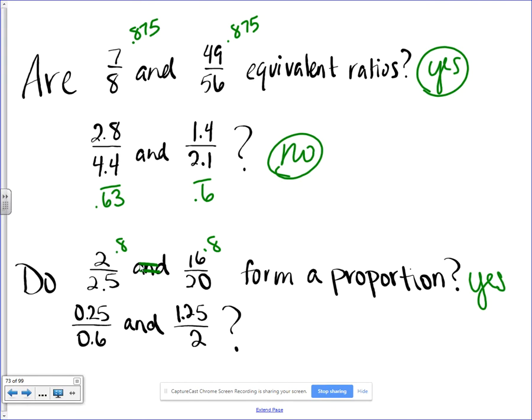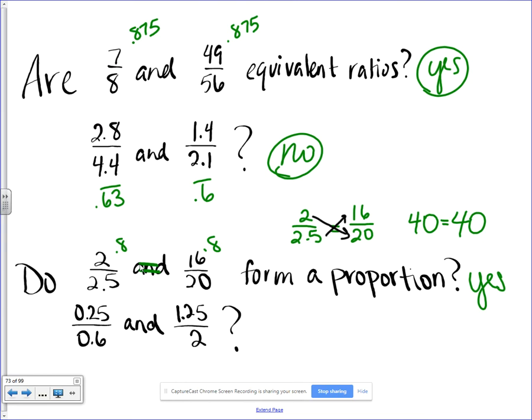And I have 2 times 20, which also gives me 40. They are equal, so that's another way that you can check to see if they form a proportion. You can set them equal to each other and cross multiply. Either way you slice it, whether you find the decimal representations or you cross multiply, you still see that they are equivalent.